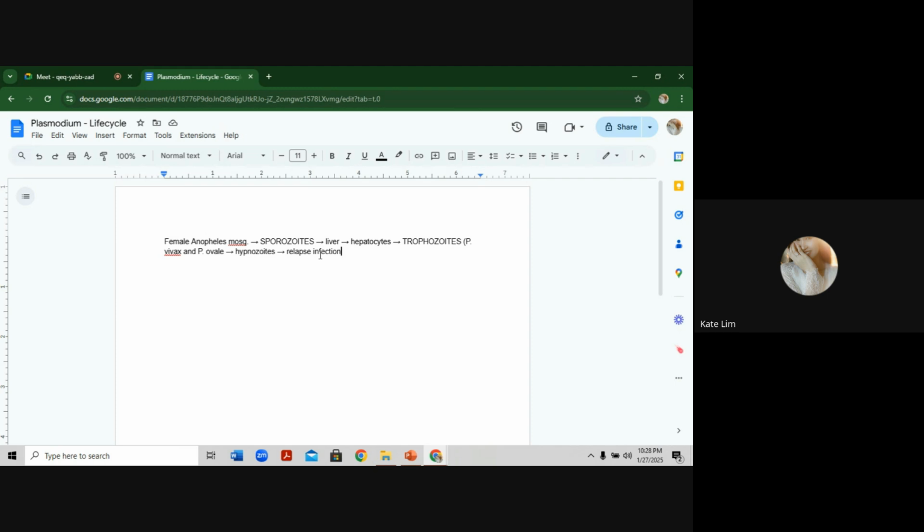This dormant stage is most likely to occur when the immune system is again compromised. It is actually a survival strategy of the parasite that allows it to persist in the host even after the initial treatment.